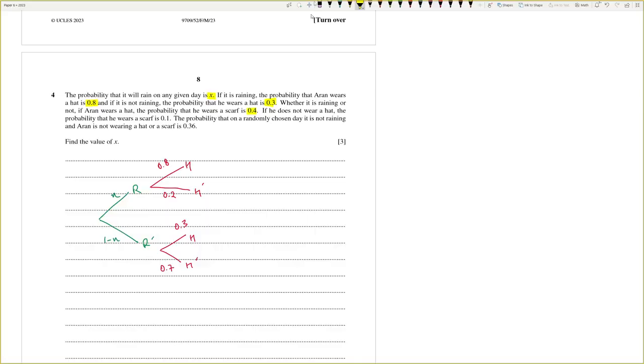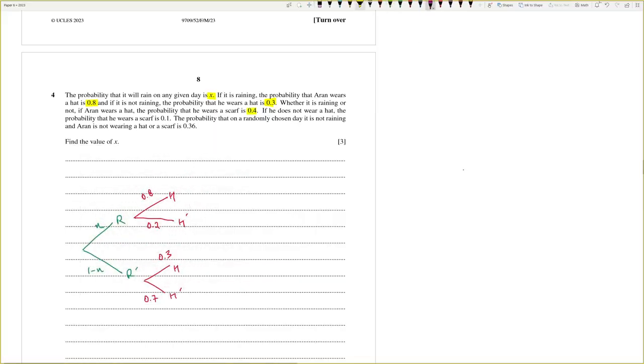So if Aran wears a hat, for both cases, whether it rains or not, the probability that he wears a scarf is 0.4.